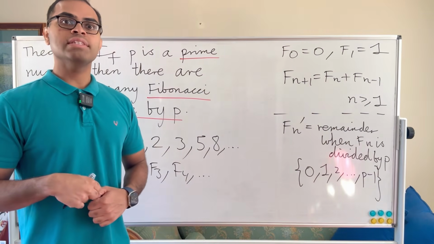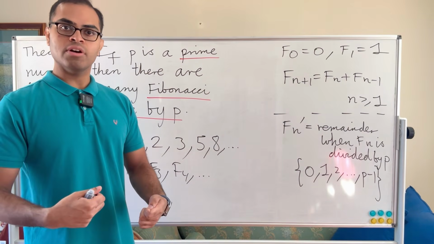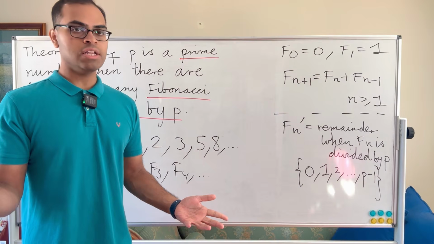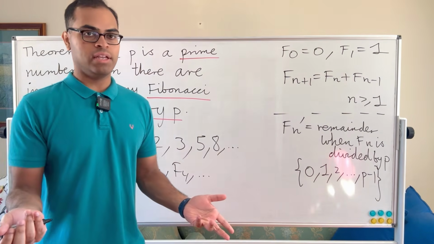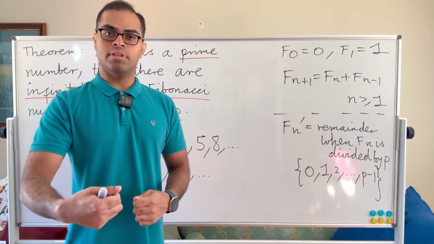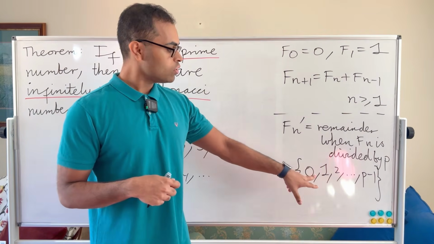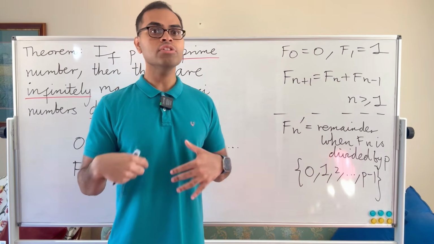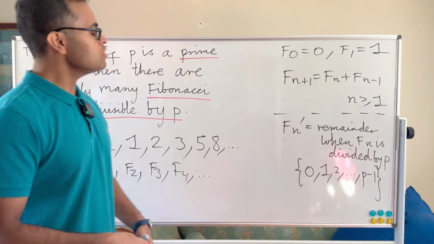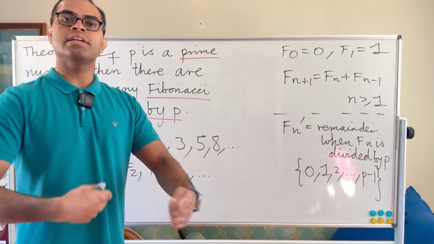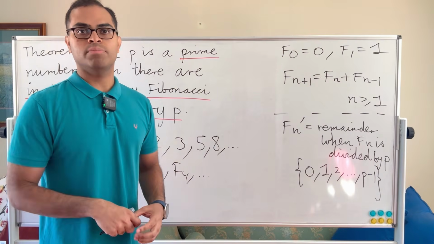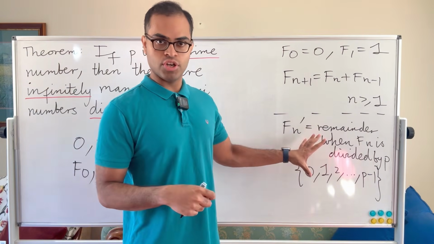And what that means is there's going to be some repetition, because there can be infinitely many Fibonacci numbers, but there can't be infinitely many possible remainders. There are only P possible remainders. So there's going to be some repetition within this. And we're going to exploit that to show that 0 is going to be a remainder. Once you know that 0 is a remainder, then you know that there is a Fibonacci number divisible by P, and then that's going to cycle and give us infinitely many Fibonacci numbers divisible by P, and that's what our approach is going to be.